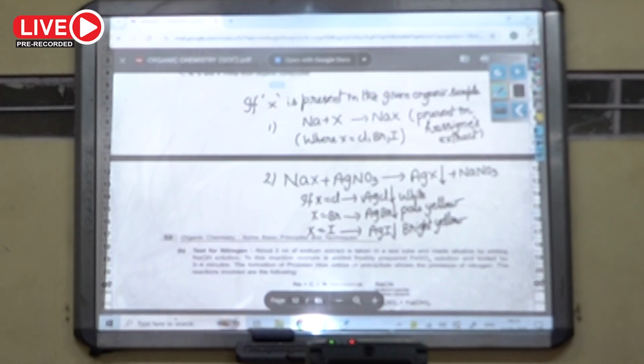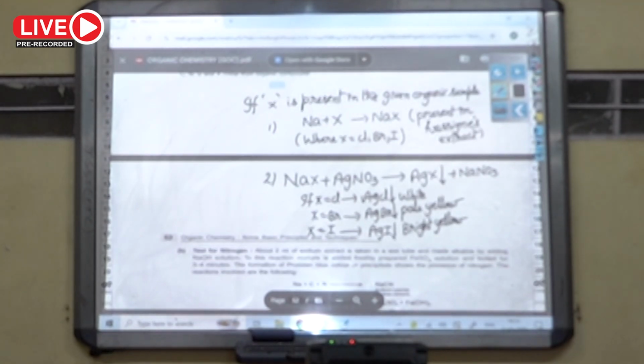So the sodium halide reacts with silver nitrate and forms a silver halide precipitate. If the halogen is chlorine, you will get a curdy white precipitate of silver chloride. If bromine, a pale yellow precipitate of AgBr. If iodine, a bright yellow precipitate of AgI.